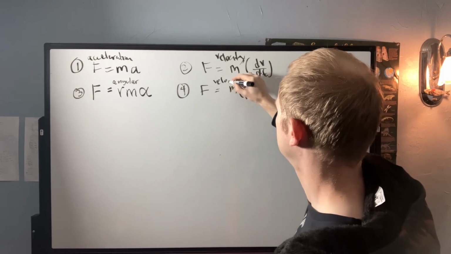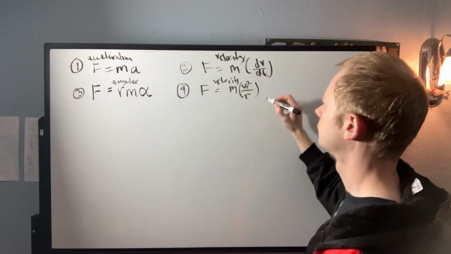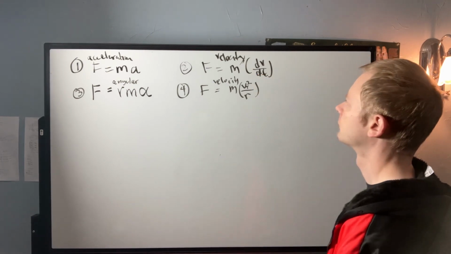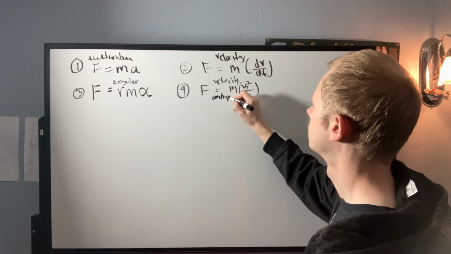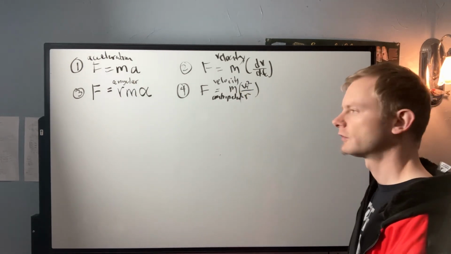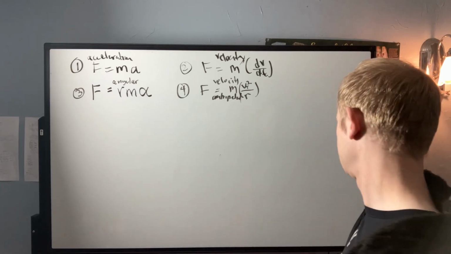Here's another velocity equation, but this would be tangential velocity. This would be more centripetal force here. So that's the fourth equation.